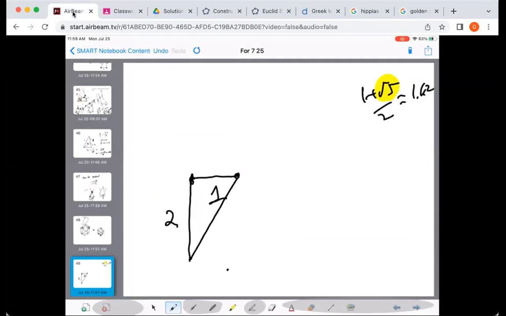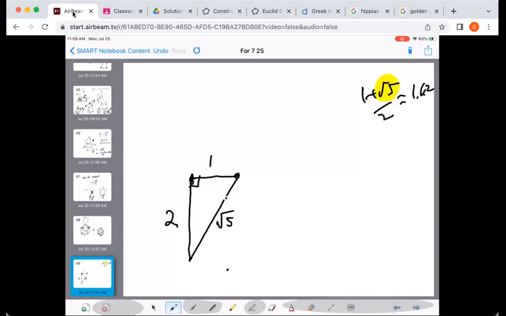And the answer is the square root of 5 is the hypotenuse of a right triangle that has sides 1 and 2.